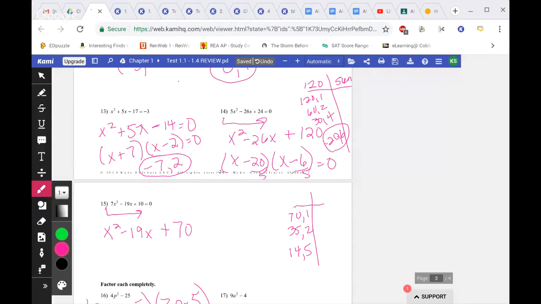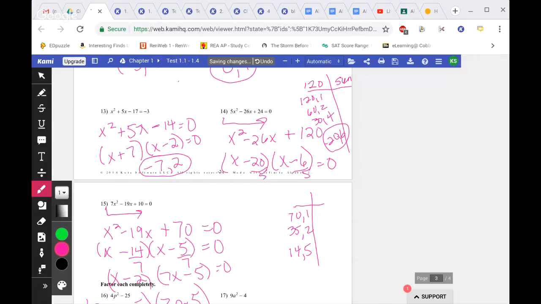So now I've got x minus 14 and x minus 5. Now I've got my factors, and I've done my slide. Now I'm going to divide by the leading coefficient, which gives me x minus 2. And since this doesn't come out to be a pretty fraction, I've got 7x minus 5 equals 0.